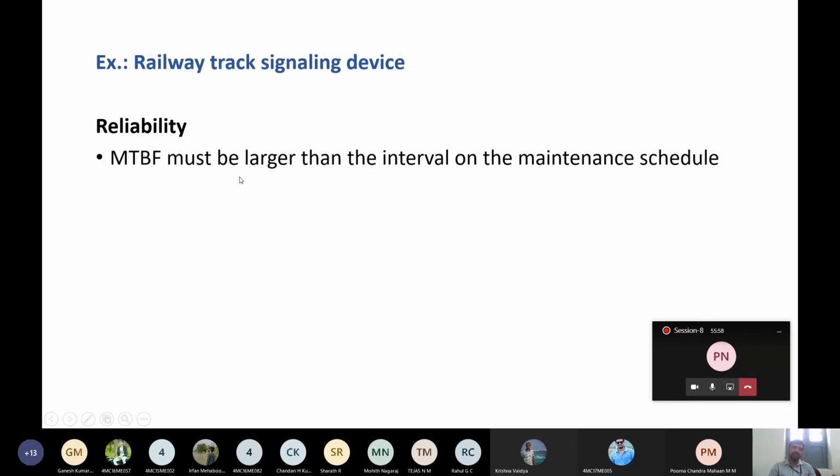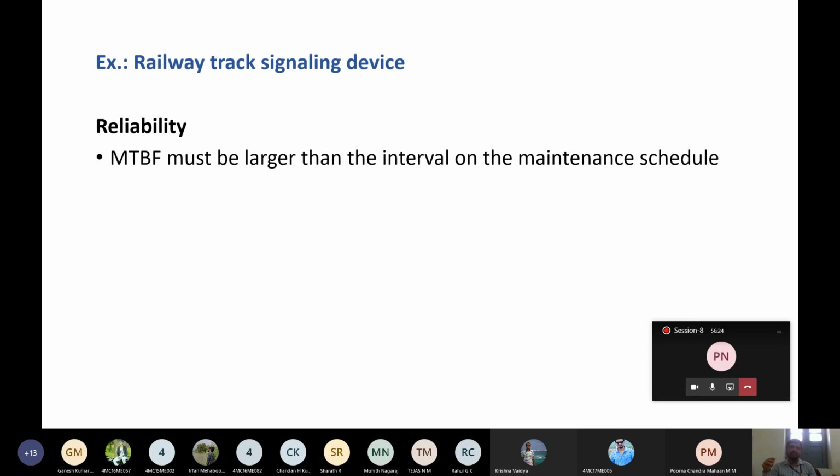Reliability: MTBF must be larger than the interval on the maintenance schedule. MTBF means mean time between failures. That means after how many days failure of a particular product or device can take place. That is defined by the manufacturers of the device or product.